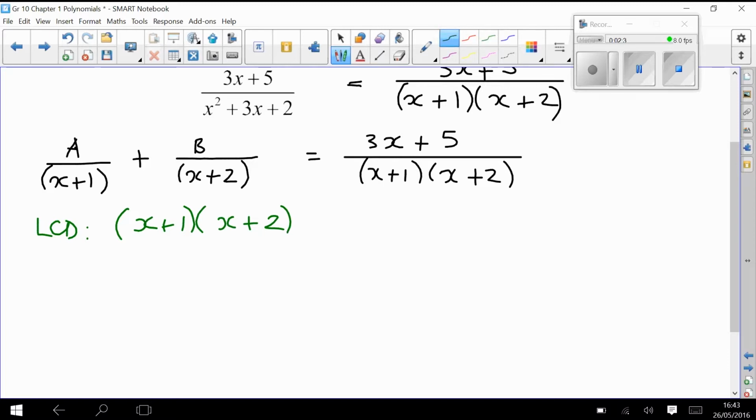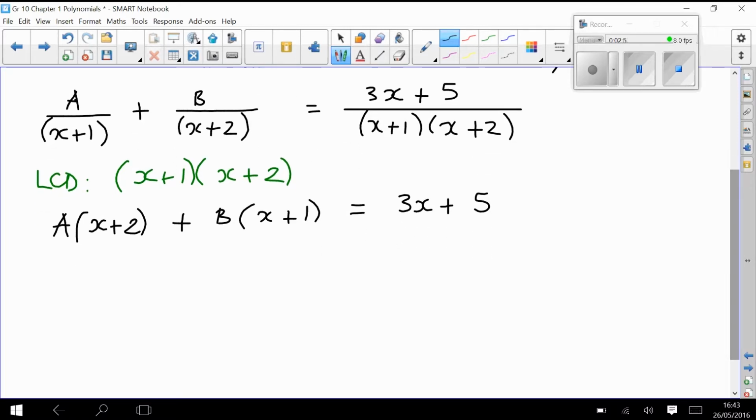Getting rid of the denominator here, I'm going to have a times the new factor in the LCD that it didn't originally have, b times the factor it didn't have in its original denominator, and as the right-hand side had both of those factors, I don't write any down when I'm getting rid of the denominator.